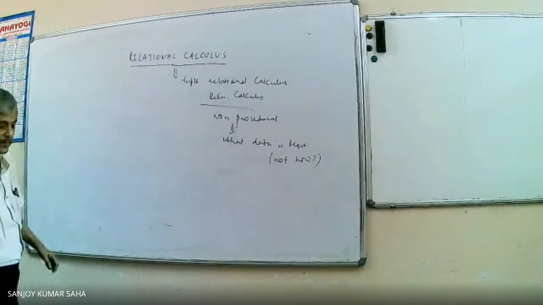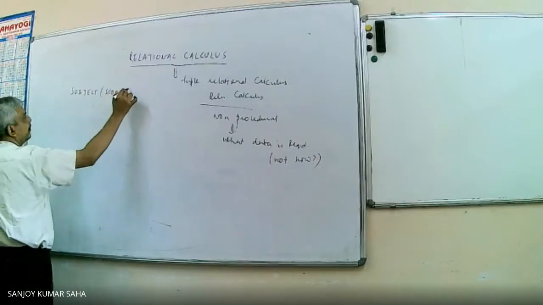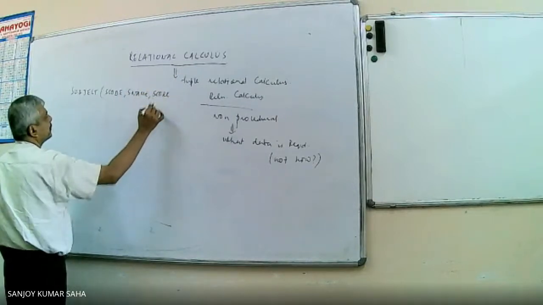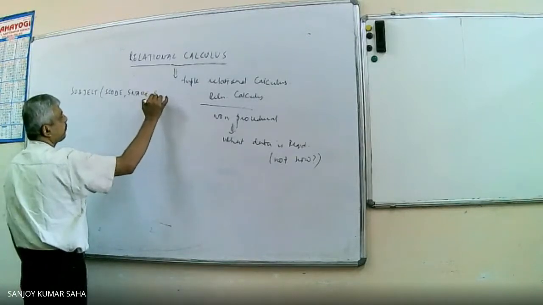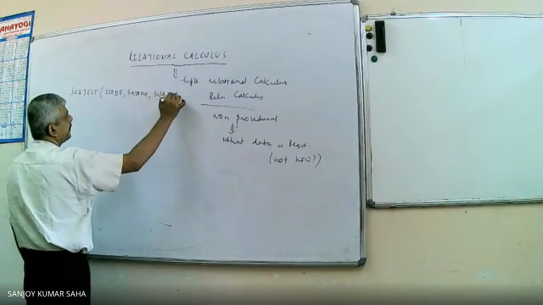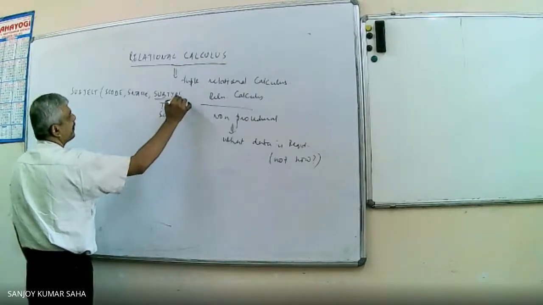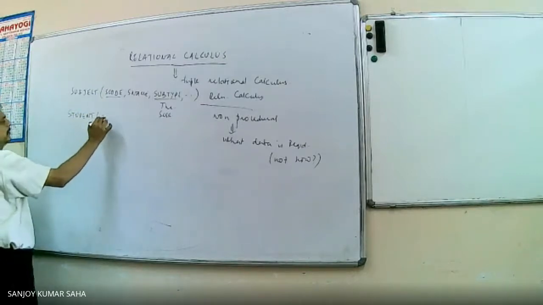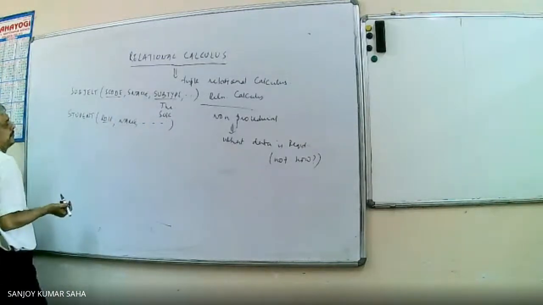Suppose we have relations like these: subject code, subject name, say full marks, or say subject type, subtype, say this is theory or sessional, like that, etc. We have the student relation, with roll, name, and other information for all the students.